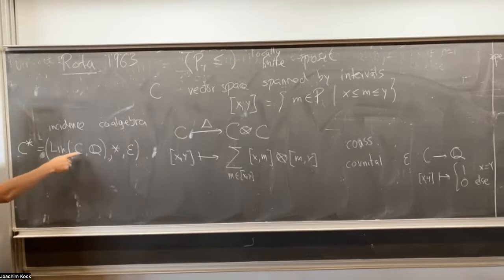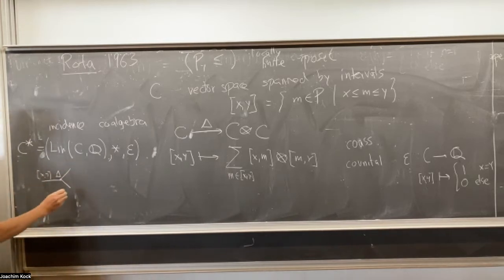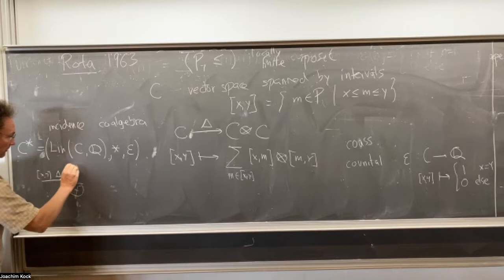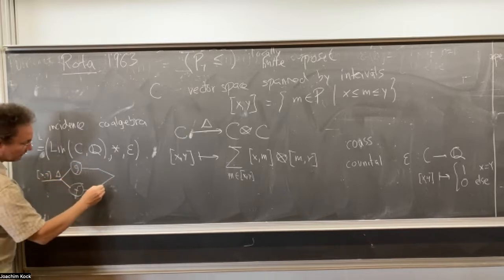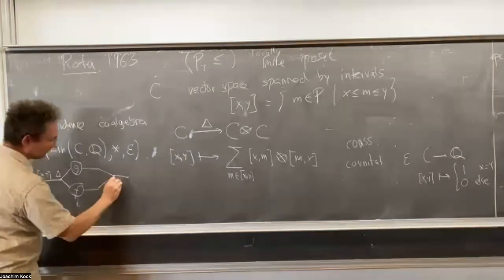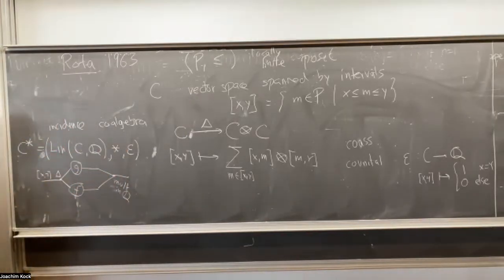You can get an algebra structure on the dual by, well, the input is an interval, and the first thing you do is you use the co-multiplication to split it, and then you put f on one and g on the other, and then finally you multiply again. This is multiplication in the ground field here.